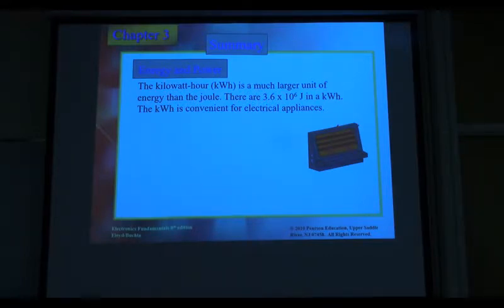Do you know how much energy you use each month? No? A lot, yeah. How much? Give me an approximate example. 400? How many kilowatt hours? 1,000?